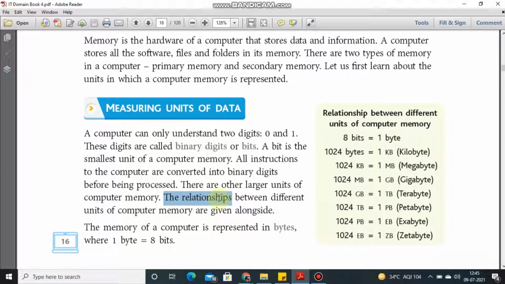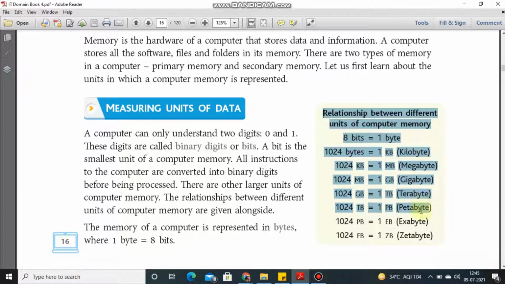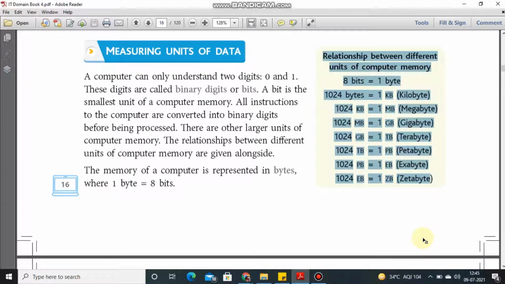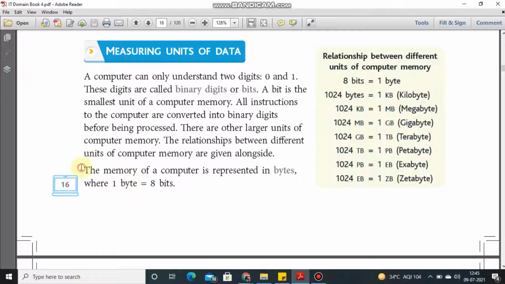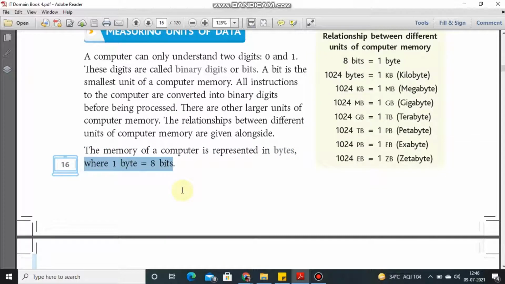The relationship between different units of computer memory is given alongside. I hope that you have learned all the units and written the same in the notebook. The memory of a computer is represented in bytes, where 1 byte is equal to 8 bits.